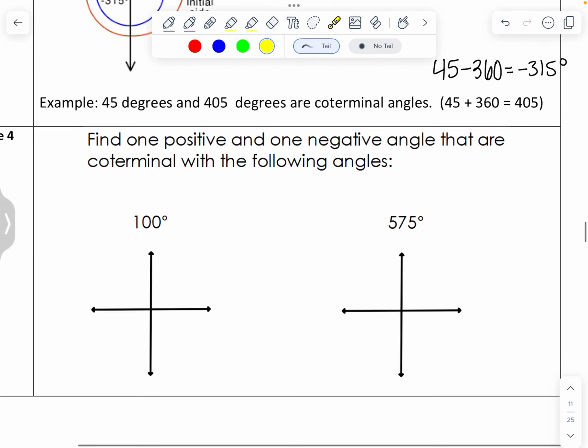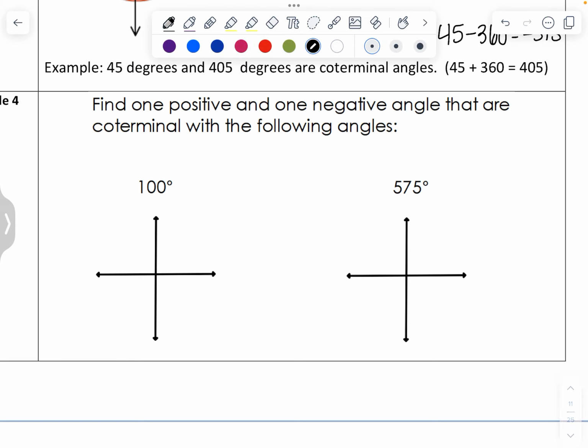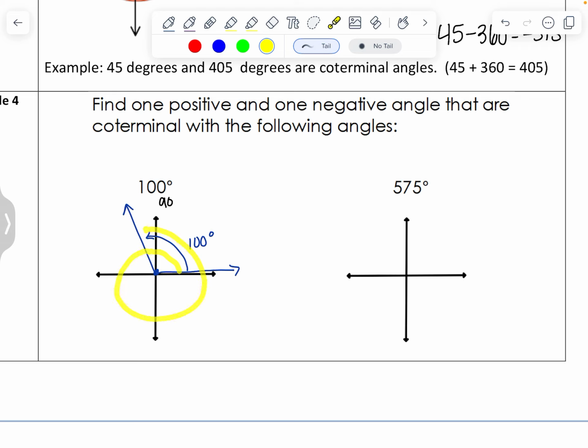So to find positive and negative coterminal angles, again, think about where 100 degrees would be. We are going to start at the positive x-axis always, and our y-axis up here is 90. So 100 would be just over that. So that is about a positive 100 degrees. Now to find a coterminal angle, I would have to go that 100 degrees plus another full revolution.